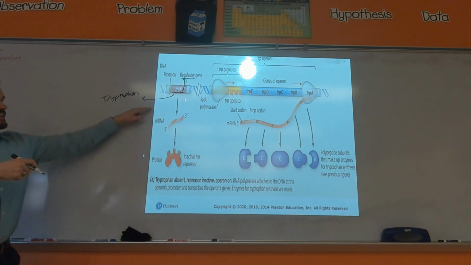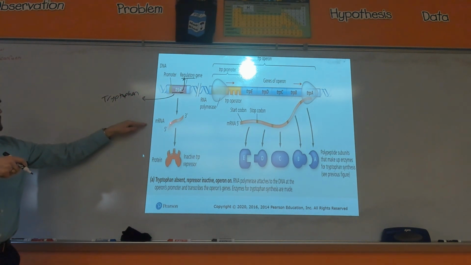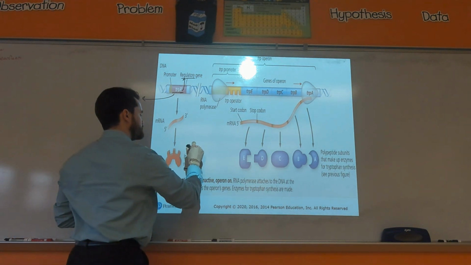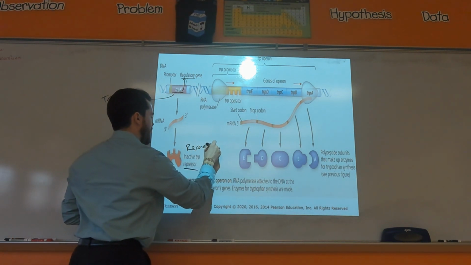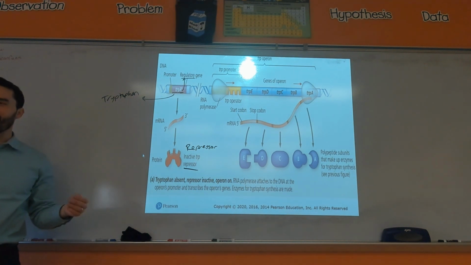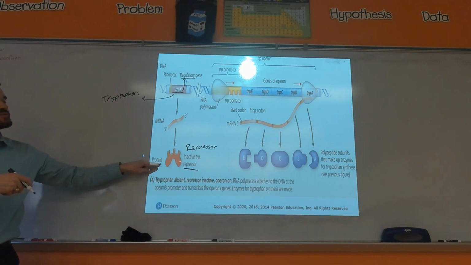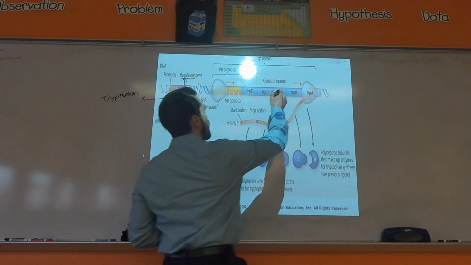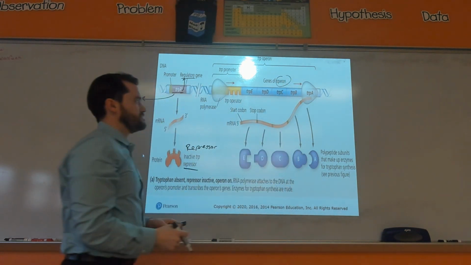Okay? Transcription of this gene makes the mRNA for that protein, and then the actual protein is a repressor protein. A repressor represses things. If you repress things, you turn things off. You're like a hater. This protein turns off, well, what does it turn off? It turns off this operon.